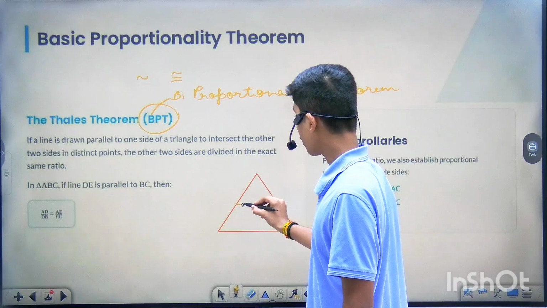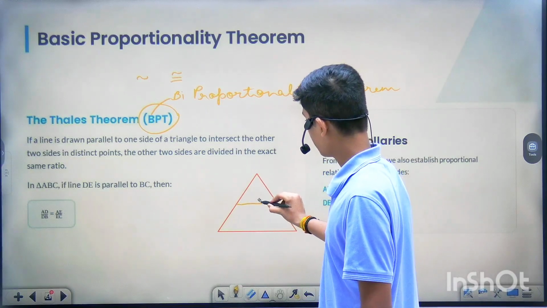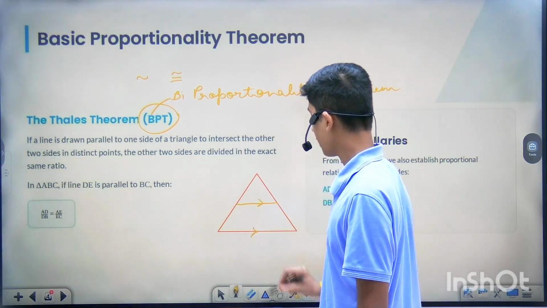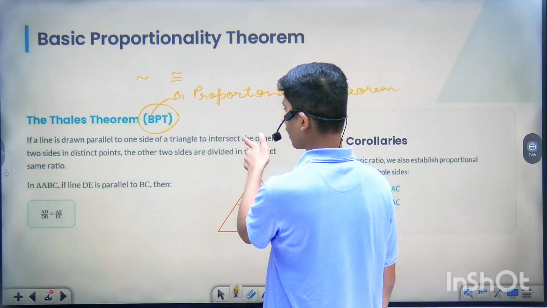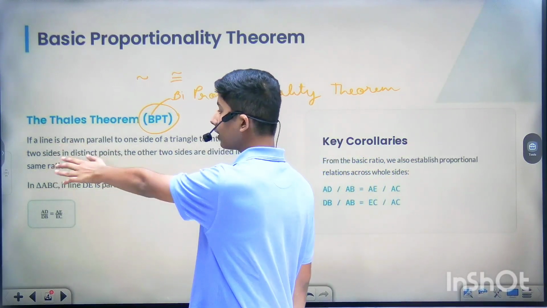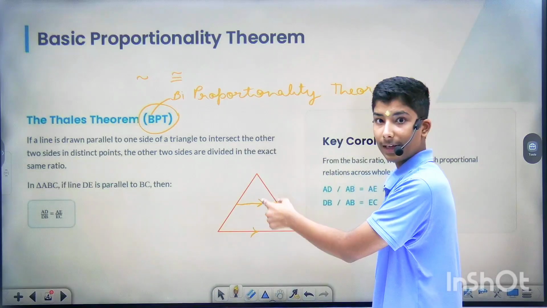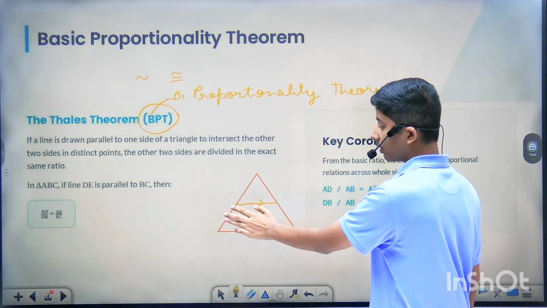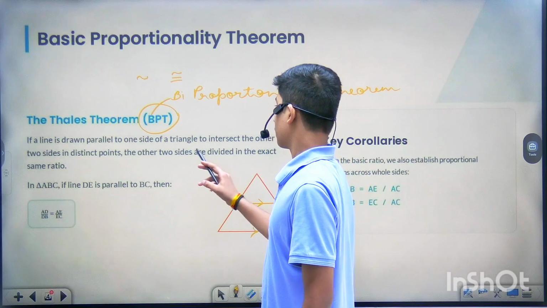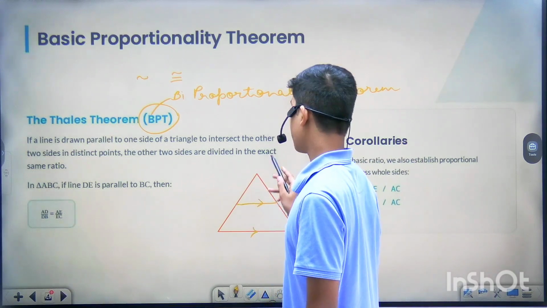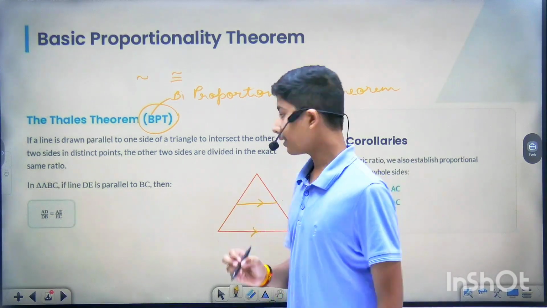Here if we draw a line parallel, this line is parallel to this line. So it says that if this line intersects the two other sides at two distinct points, then the other two sides are divided in the exact same ratio.